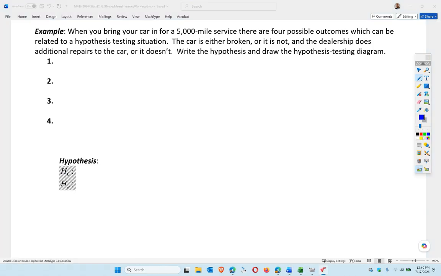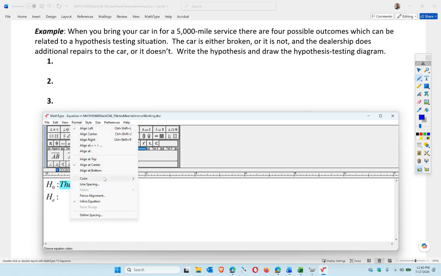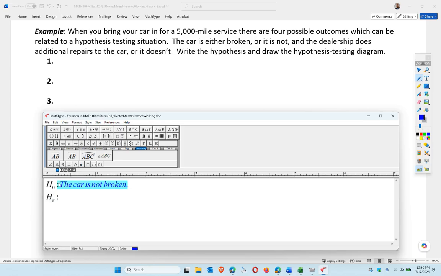So if I get on the right page here, we have to assume the car is not broken. That is the assumption, kind of like you are innocent is the original assumption, correct? Okay, and format color blue. So we'll copy that. So if enough evidence is found, then it is broken, which is what happens in inference.